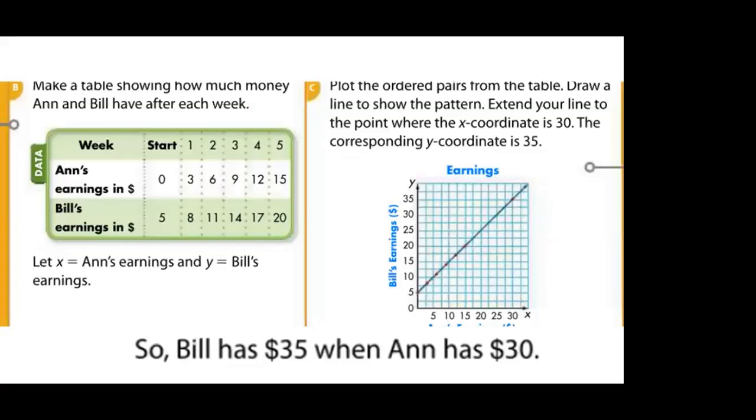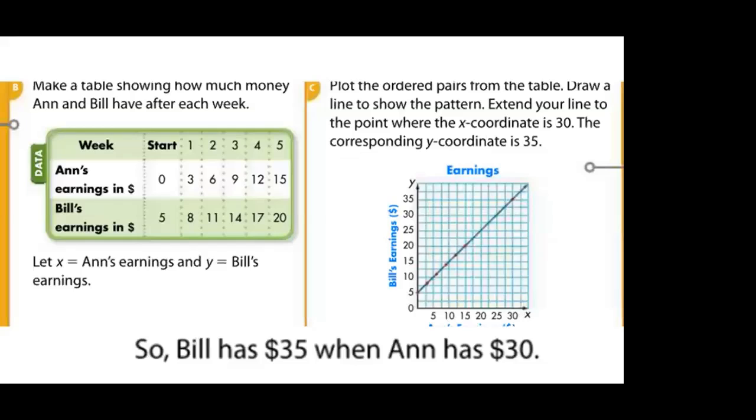So I'm going to plot each point after transforming my table into ordered pairs. I'm going to plot the ordered pairs from the table and draw the line to show the pattern or the relationship between Ann and Bill, and extend your line to the point where the X coordinate is 30.